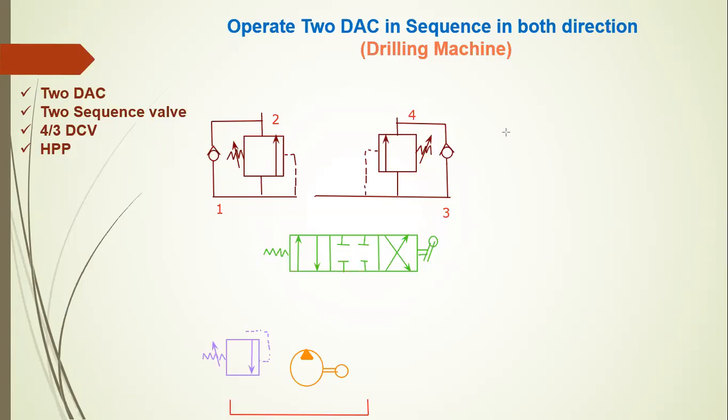Then after that we require 2 DAC, double acting cylinders. Lastly we have to draw 2 double acting cylinders. Here draw the first DAC.